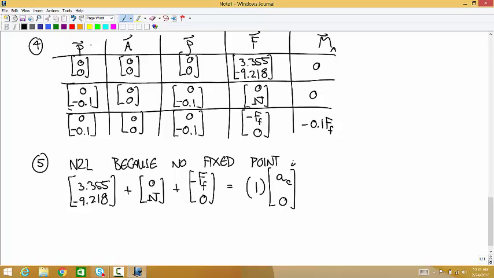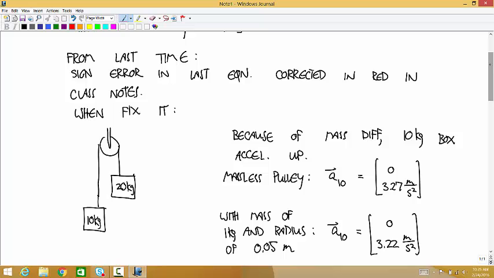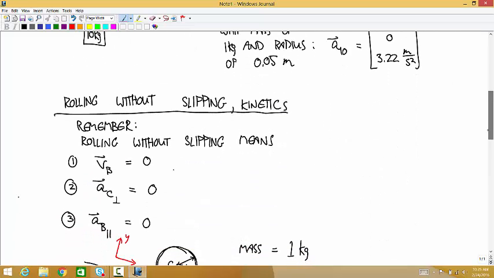And by the way, this is using one of the assumptions about rolling without slipping. We're using the fact that in rolling without slipping, the acceleration is parallel to the surface.